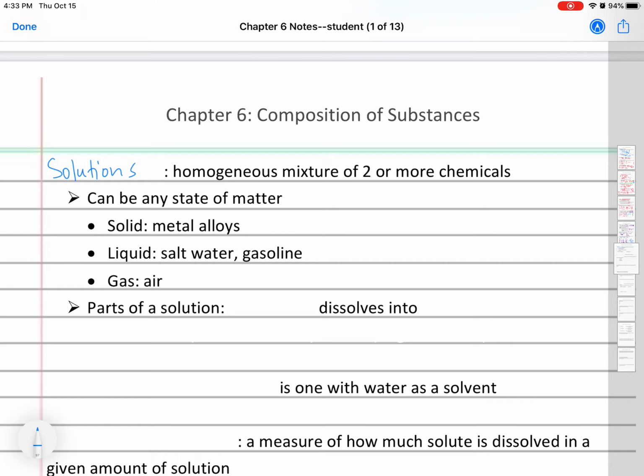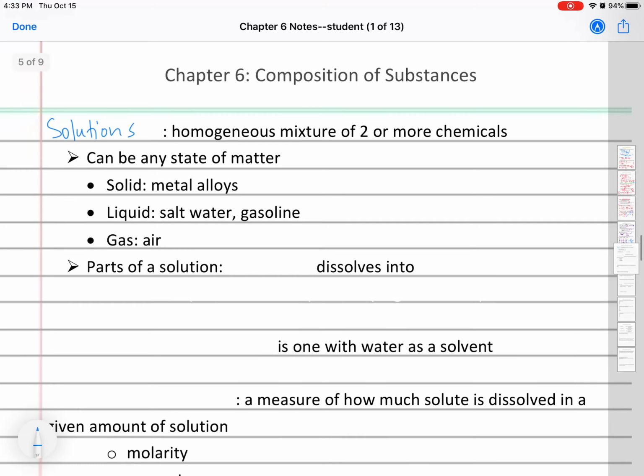Not answers to problem solutions, but the chemical form of solutions, which are homogeneous mixtures of two or more chemicals. They can be any state of matter, so you can have a solid solution. An example would be metal alloys, like white gold in jewelry, which is gold with some silver or maybe even some nickel in it.